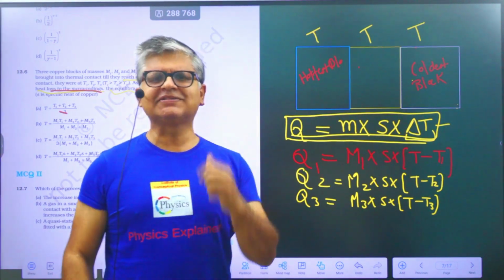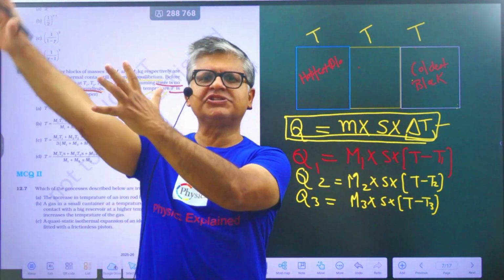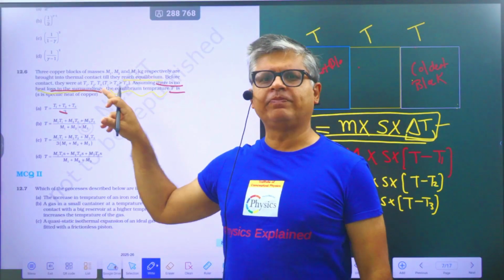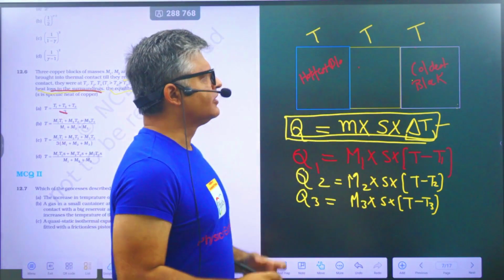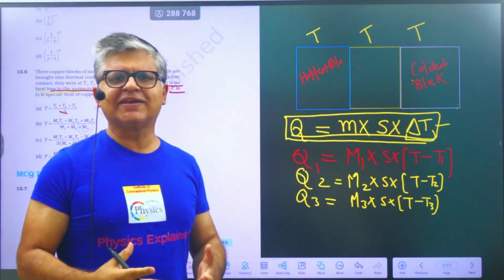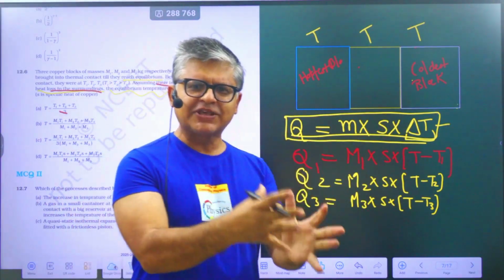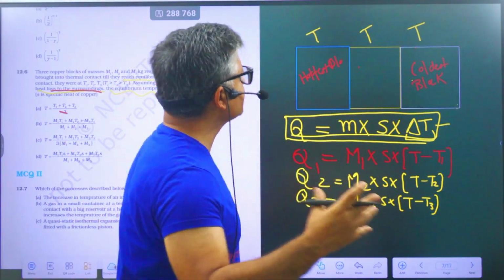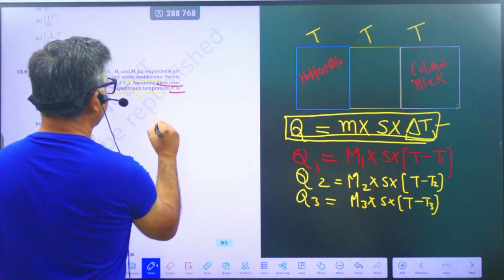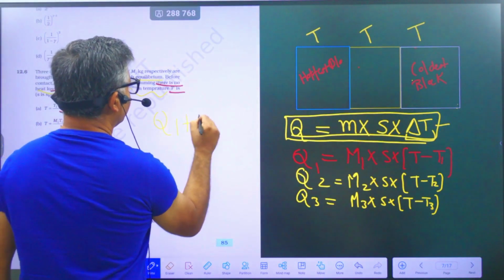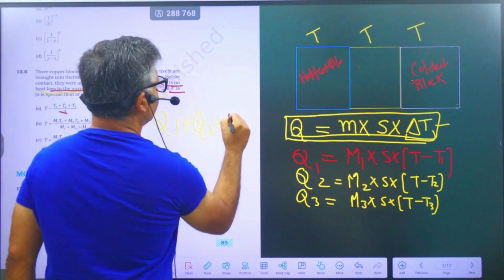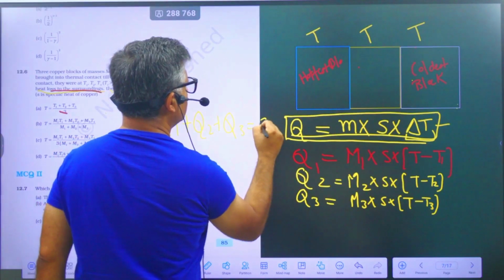No. Did the system lose its energy to the surrounding? No, it did not. And therefore, the law of conservation of energy says Q1 plus Q2 plus Q3 is going to be 0. So let's write it: Q1 plus Q2 plus Q3 is equal to 0.